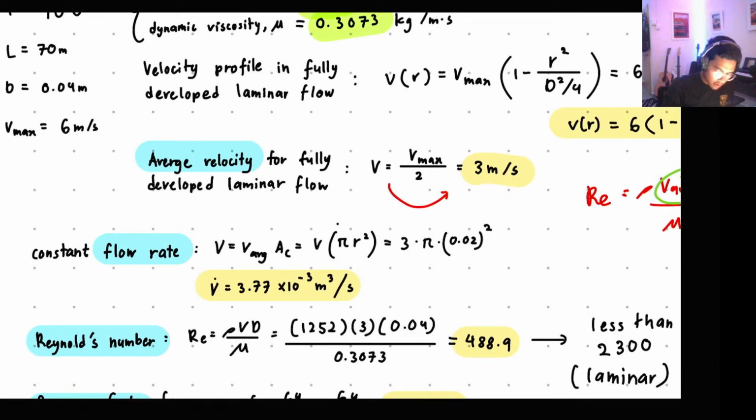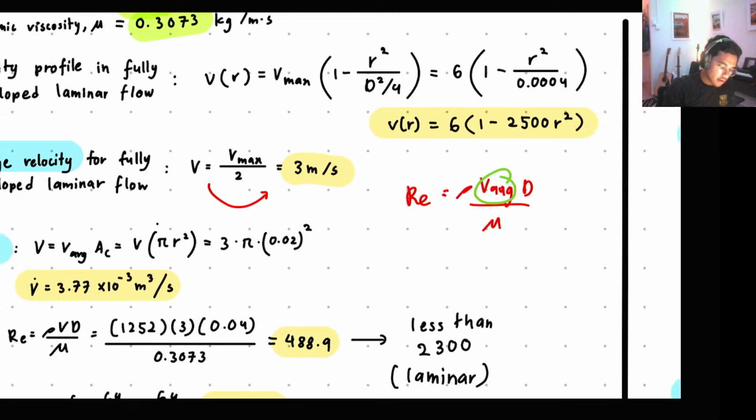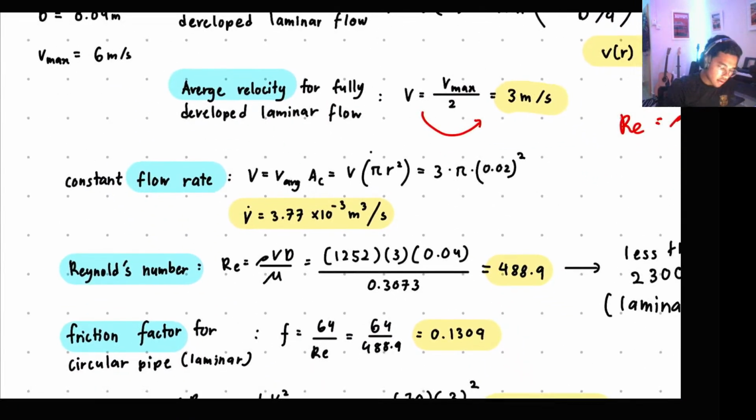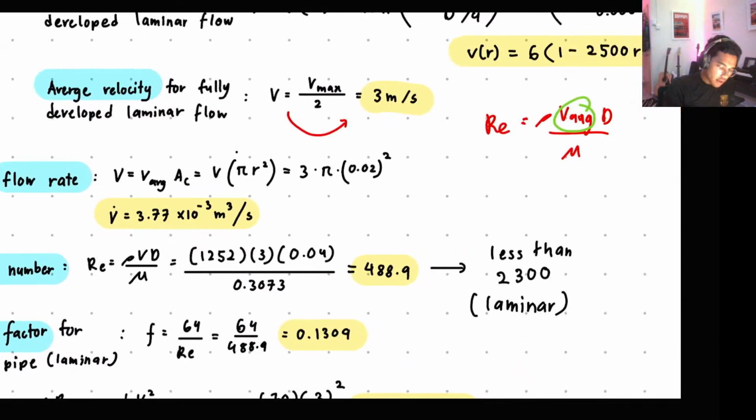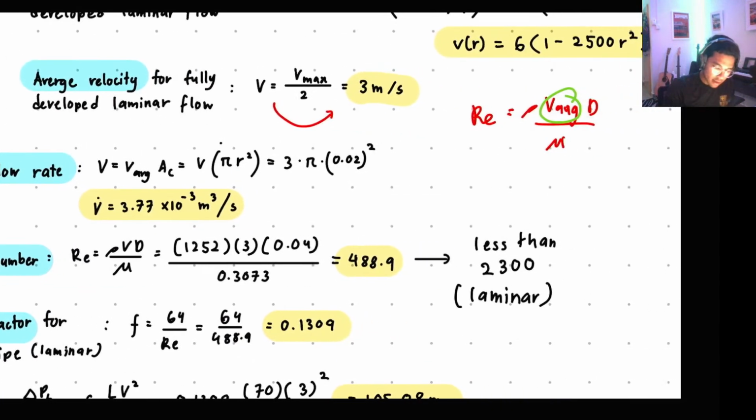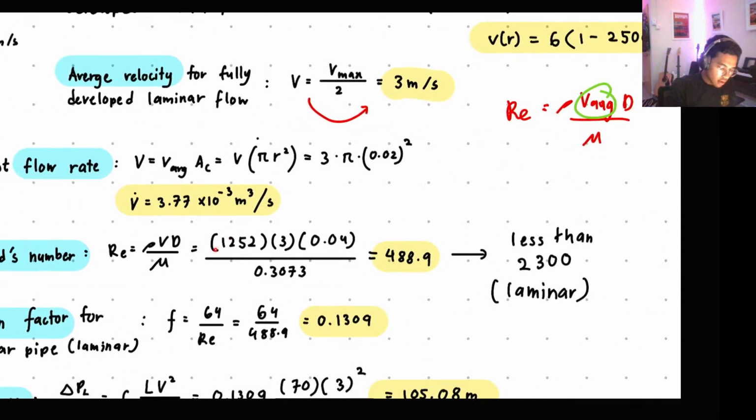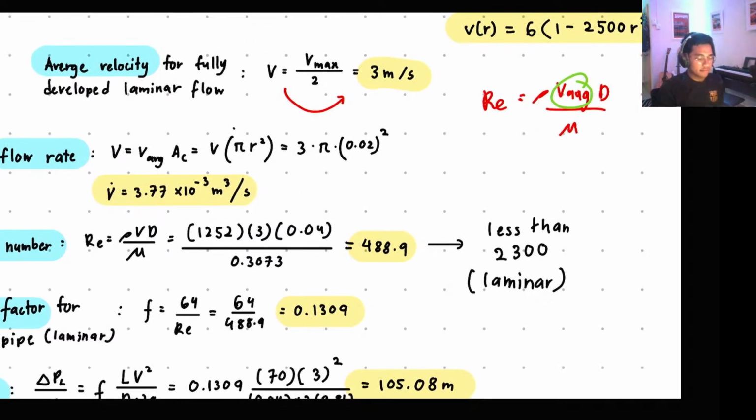Okay, so now we already have the V average. Now we can find the Reynolds number. So we key in the density, the velocity, the diameter, and also the viscosity. You will get 488.9. Where's my calculator?